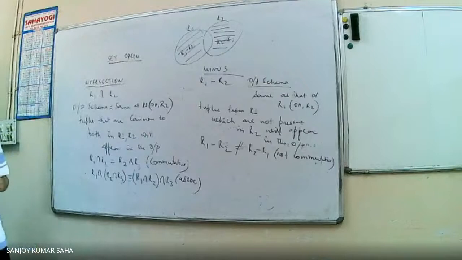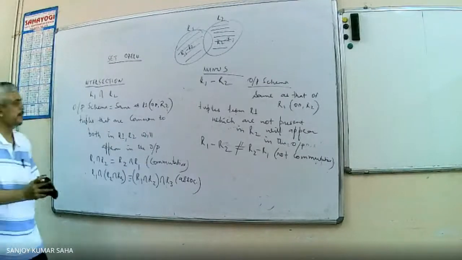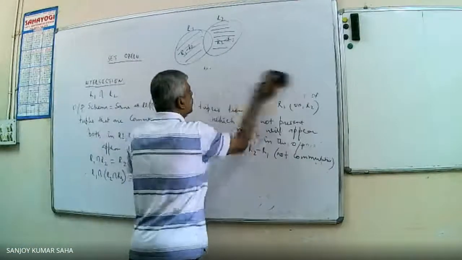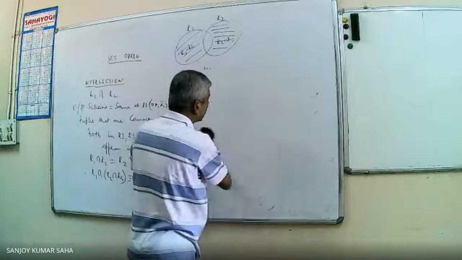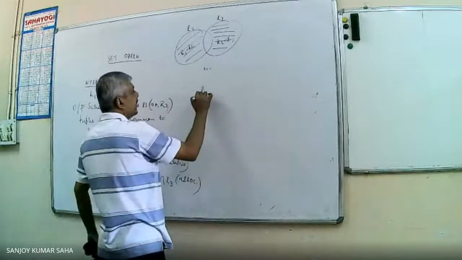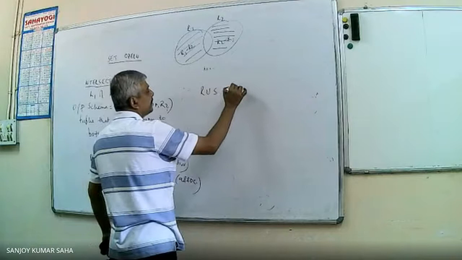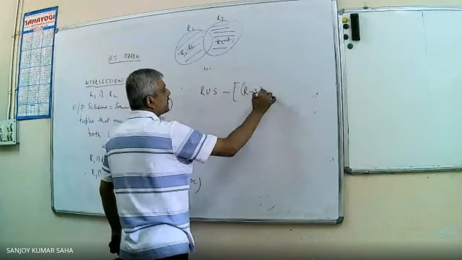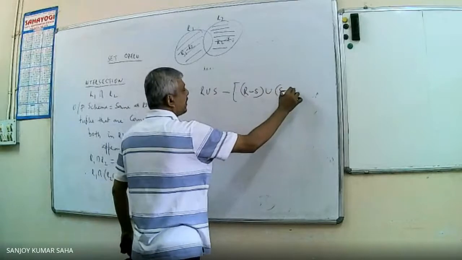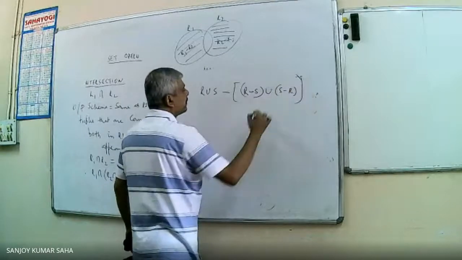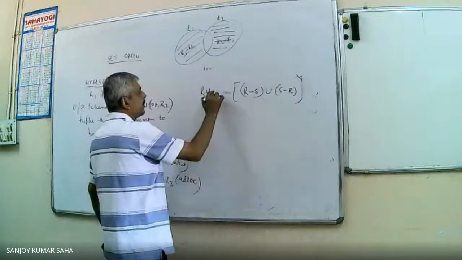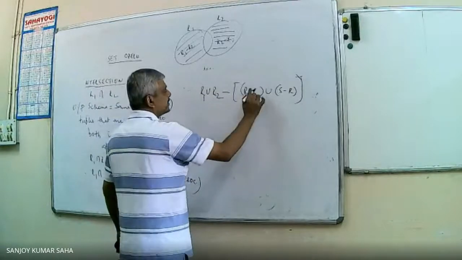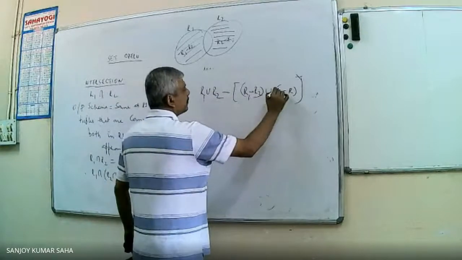But see, intersection is not a fundamental operation, because with the help of union and minus we can do this. Say if we go for R1 minus R2 union R2 minus R1, considering the two relations as R1 and R2.